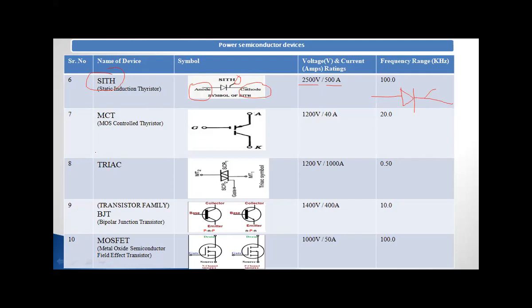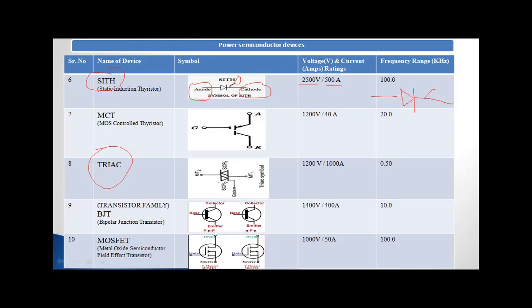Next one, the triac. This is the triac. Same as the diac symbol we saw previously, but only one gate terminal is provided. This gate terminal is common for both devices.